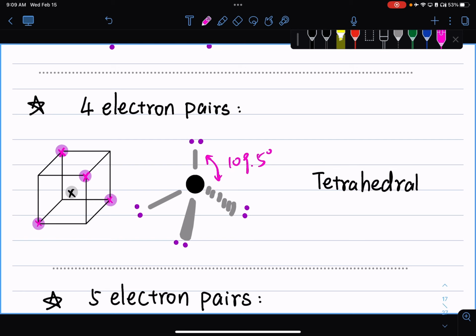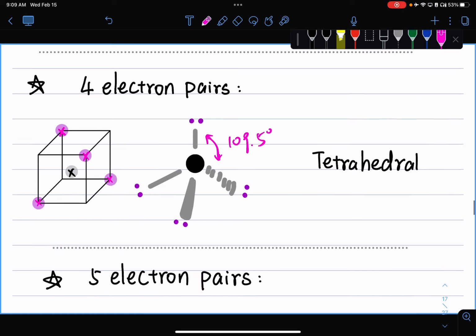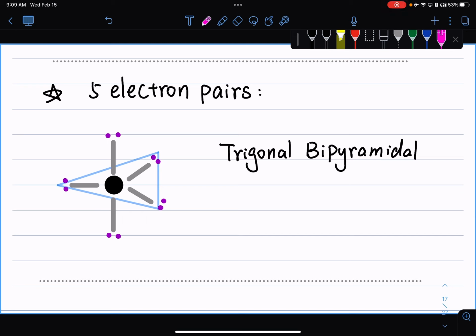So that's the four coordinated. We put the center atom in the center, and then we put the electrons on the corners of that hypothetical cube. Moving on to the five electron geometry, where we have the trigonal bipyramidal. Why are we calling it a trigonal bipyramidal?